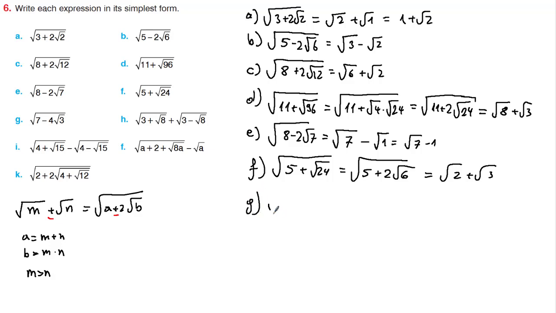Under G, we get 7 minus 4 root of 3. Now, here we can clearly see we have a coefficient 4 in front of the root, and we have to make it 2. So how would you do that? Well, it will be 7 minus 2 times 2 root of 3, like this.